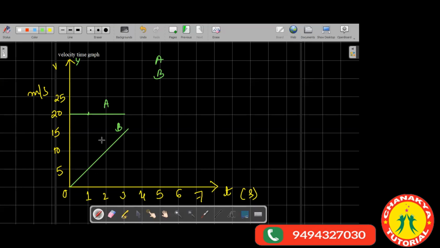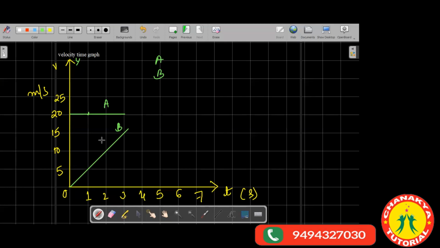See, the graph is the same. The shape of the graph is the same in both of them, but they have different meanings. If the same graph is in the position time, it has a separate meaning. If the same graph is in the velocity time, it has a separate meaning.